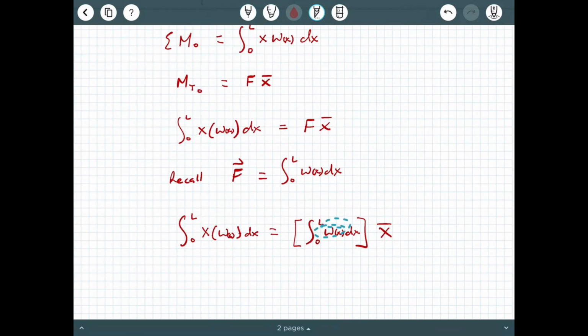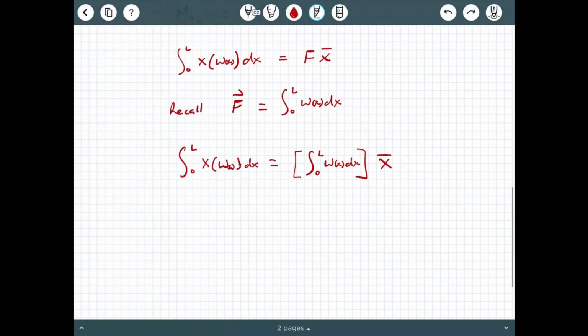So what can we do? Can we cancel the integrals? No. Don't do that. You cannot cancel the integrals. You can't cancel anything inside of the integrals. You cannot cancel w as a function of x. You can't do any of that because they're both in integrals, okay?